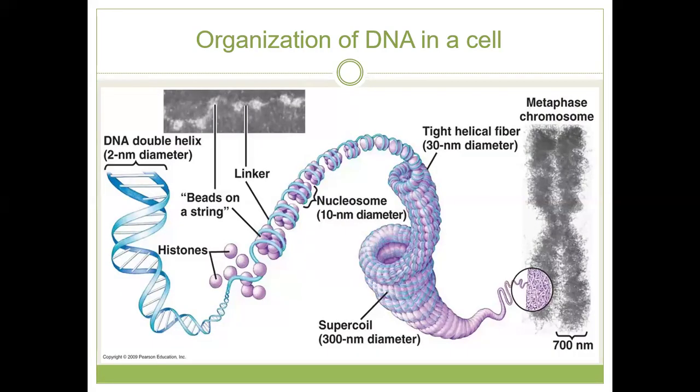So the overall chromosome is about 1,400 nanometer in diameter. So this is how this DNA strand is folded, coiled, supercoiled, stacked and condensed to form a chromosome.